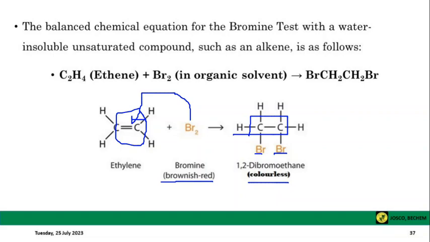Write the compound with the addition of bromine and then write the final product of the equation. The color change would be the same if the test is a positive test.